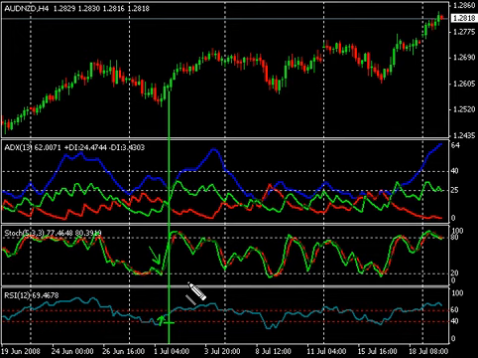I'm going to tell you right now that the stochastics indicator works well during choppy periods. Okay, during trending periods like this trend here, the stochastics remains in the overbought zones for a long period of time, and so does the RSI.